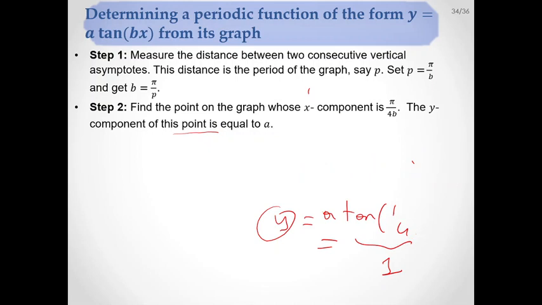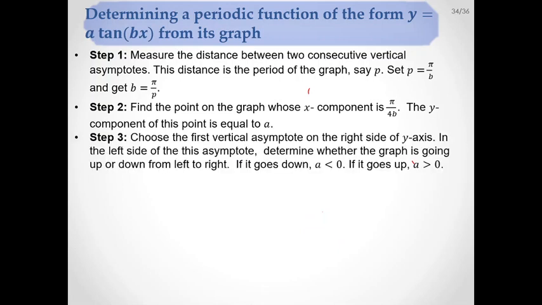Indeed, you can put other points, it doesn't have to be pi over 4b, but you can put other points and find the a. And you can also determine whether a is negative or positive.